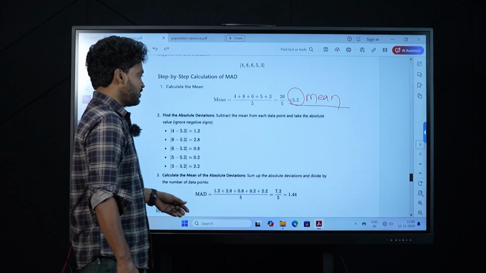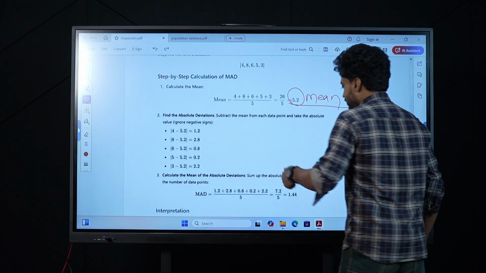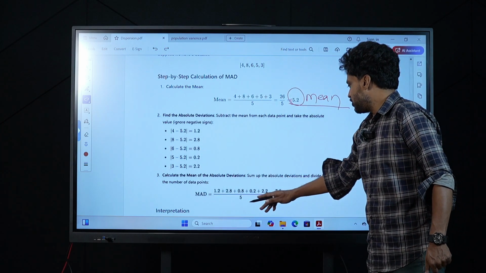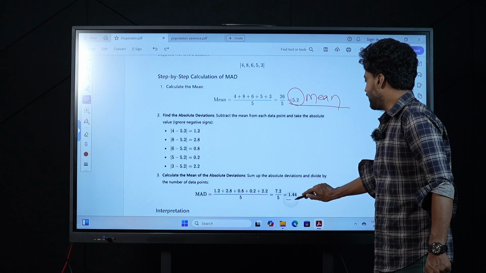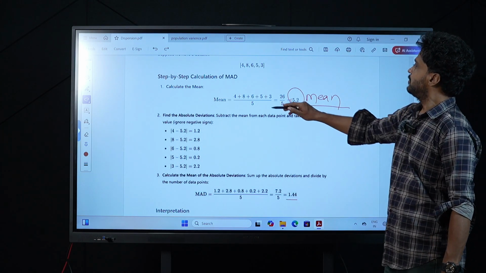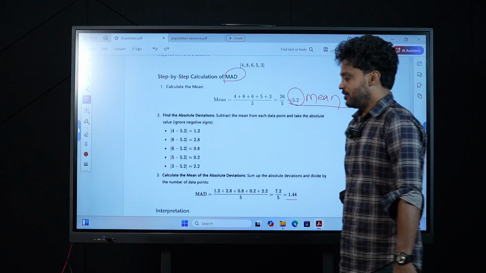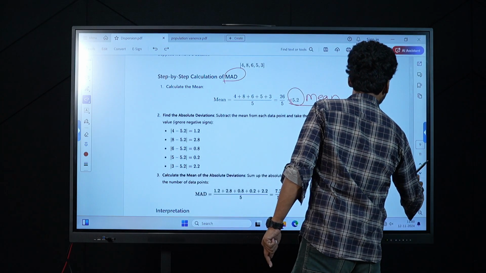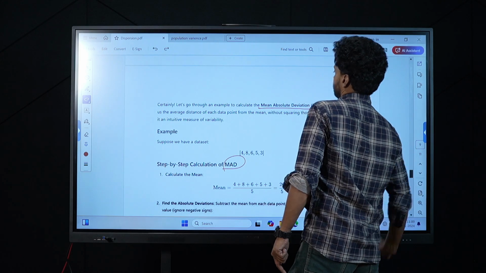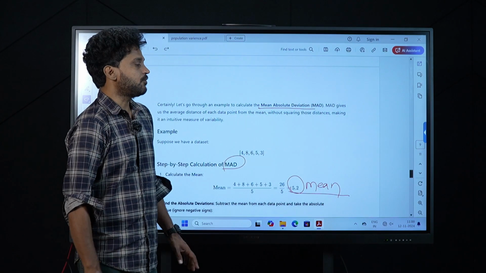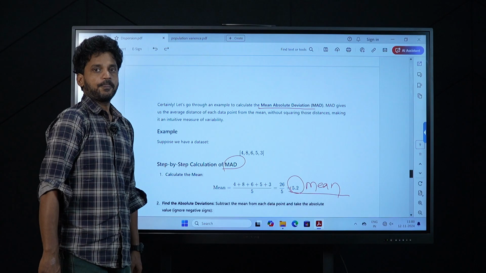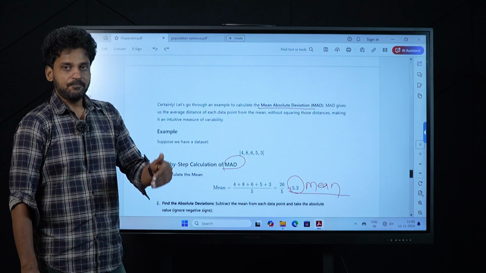When you add them and take the average, you are going to get MAD, mean absolute deviation. That is our mean absolute deviation. Once again, we need to calculate the mean.